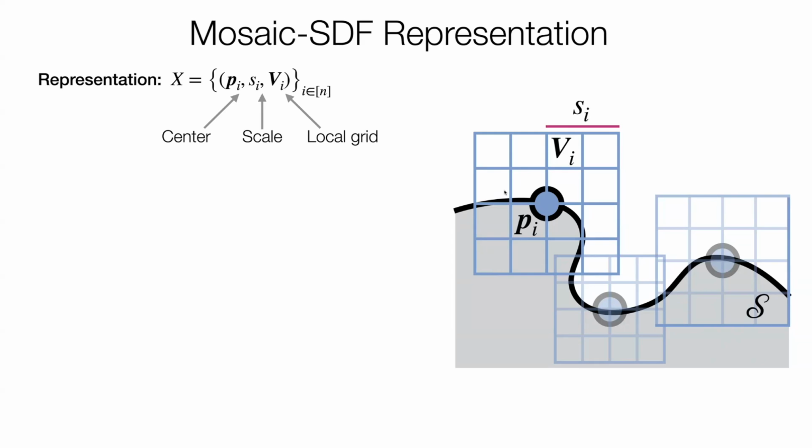Did you mean meshing over the surface or over the volume? Over the volume, right? How can you define a volumetric grid around the surface? You can think of our representation as a way to define a volumetric grid that is more dense around the surface.